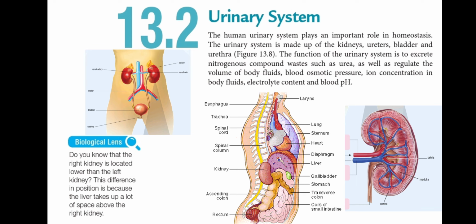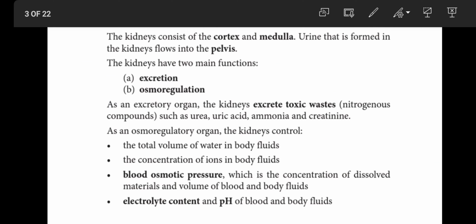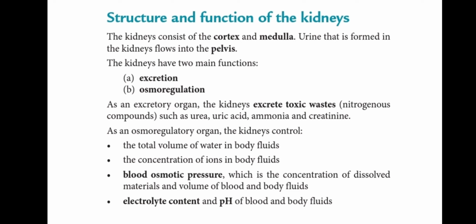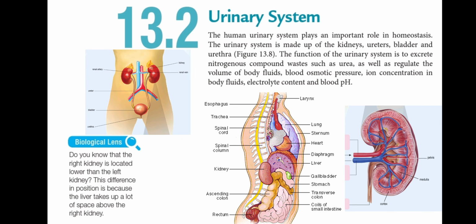Next we see the structure and function of the kidney. The kidney consists of cortex and medulla. The urine is formed in the kidney and flows into the pelvis. The two main functions of the kidney are excretion and osmoregulation.